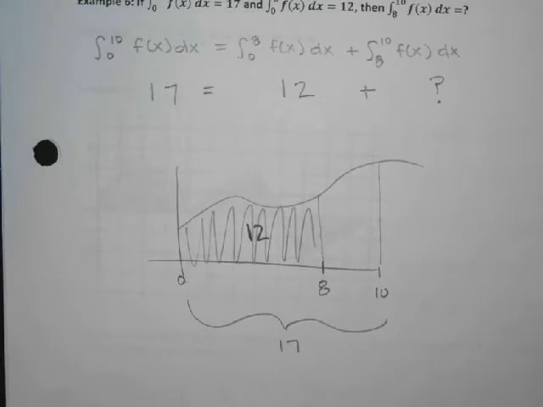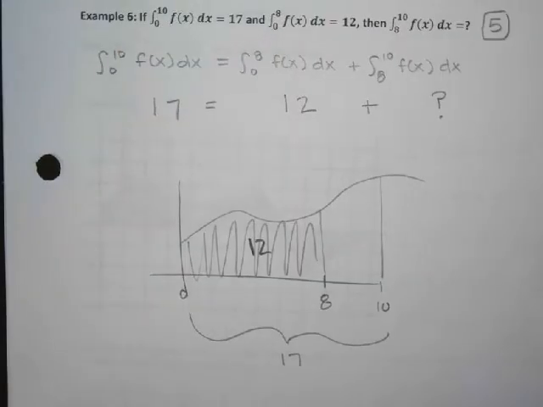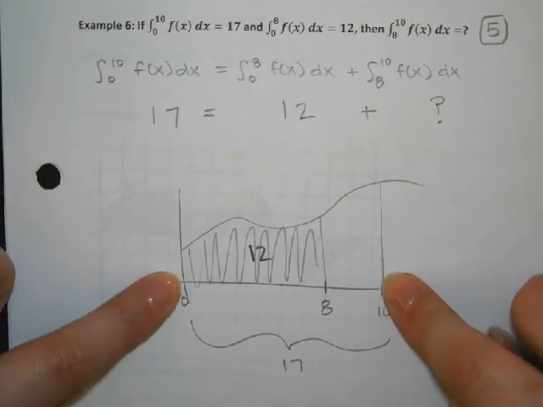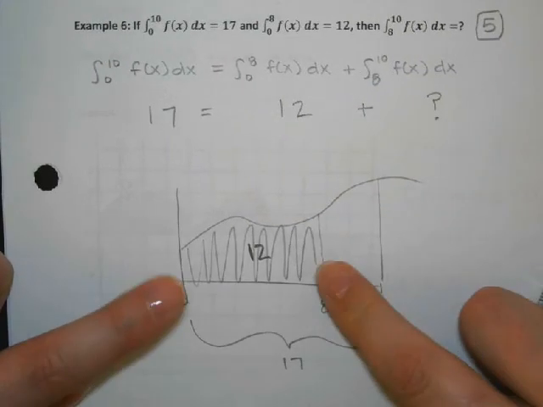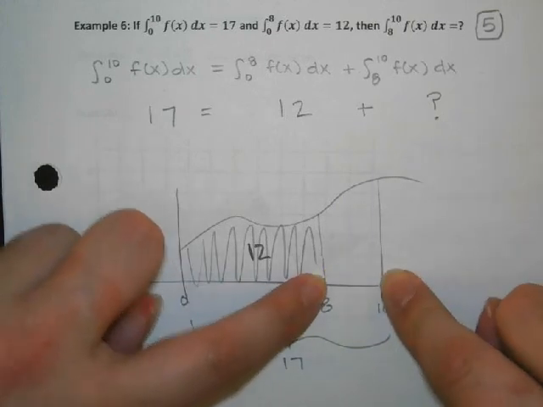And it's 5. It would have to be 5. Because the integral from 0 to 10 is the whole thing, 17, and this part is 12, so 12 plus something. So what should that one be?